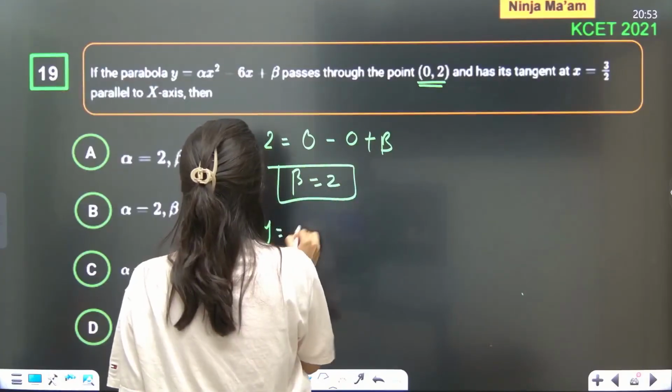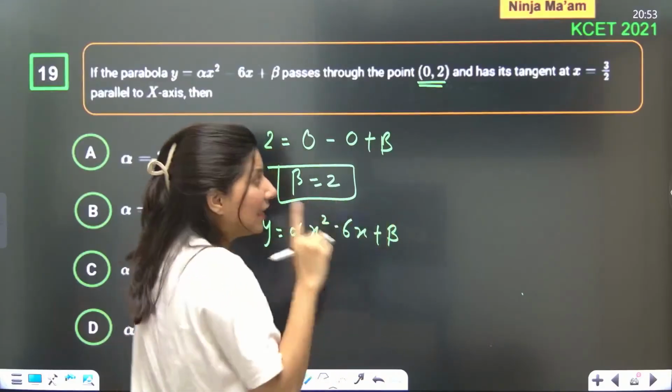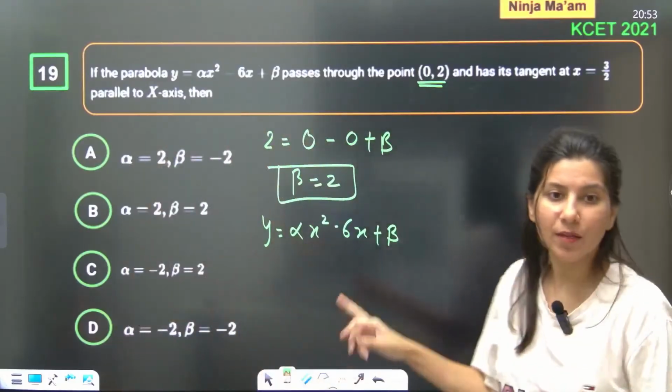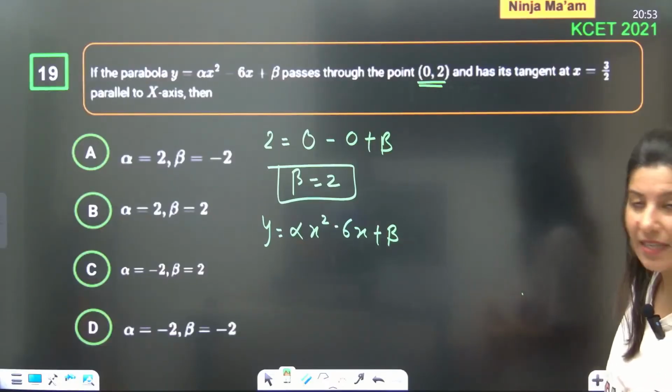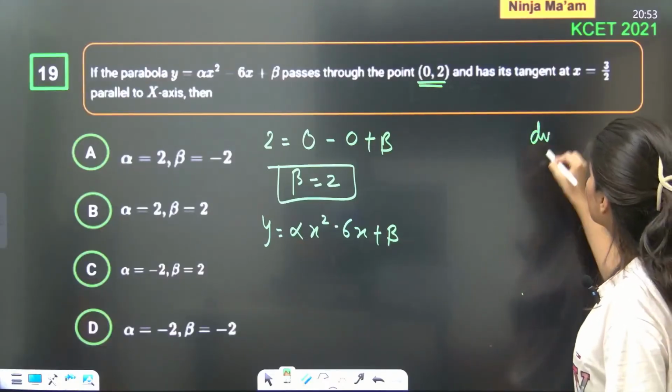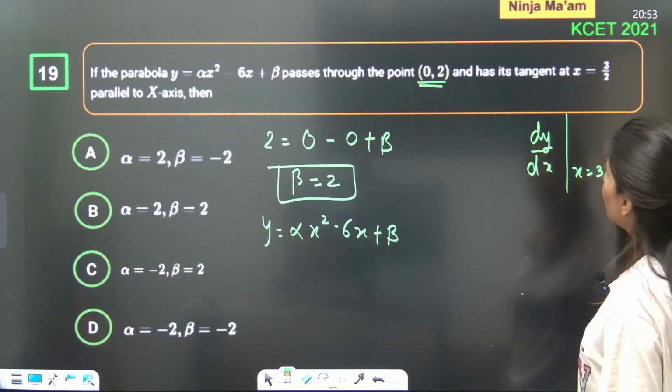So y is equal to alpha x square minus 6x plus beta. Now I only need alpha. And this parabola has a tangent at x equals 3 by 2 which is parallel to the x-axis. That means dy by dx at x equals 3 by 2 is equal to 0.